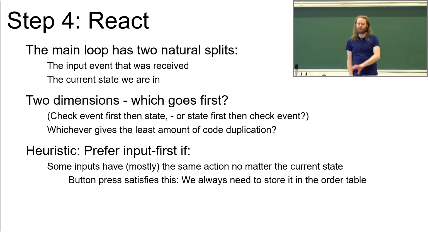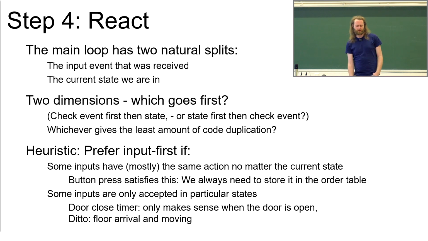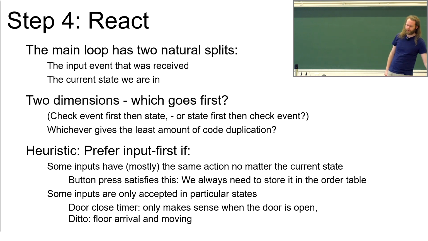So we can move it before we check the state. And then there are also some inputs that are only acceptable in particular states. And so maybe that doesn't actually make sense. Maybe this argument doesn't make sense. I might have messed up here.